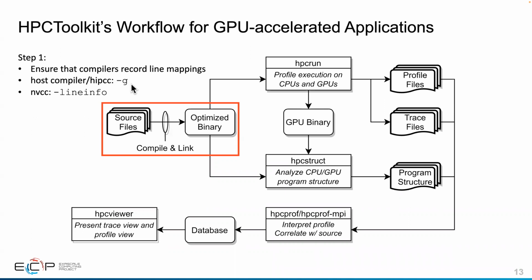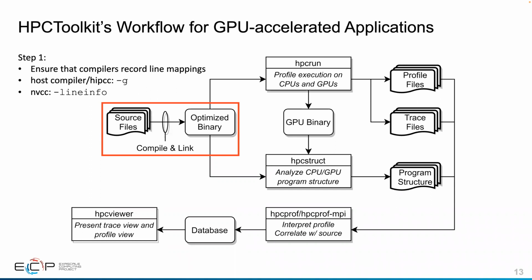And so in particular, since we're talking about GPU accelerated programs, it's important to understand how to control having the compiler record information that will enable us to map performance measurements that are associated with machine code addresses back to the source code. And so adding a -G flag is the way that compilers do that.